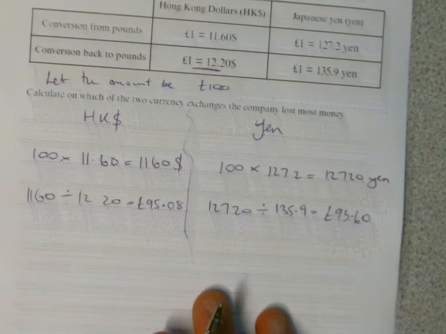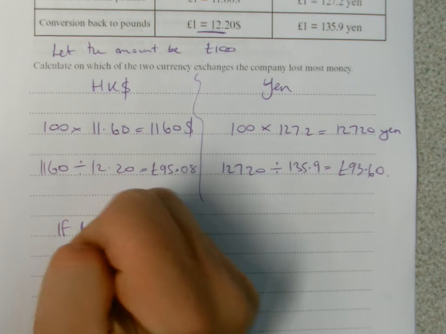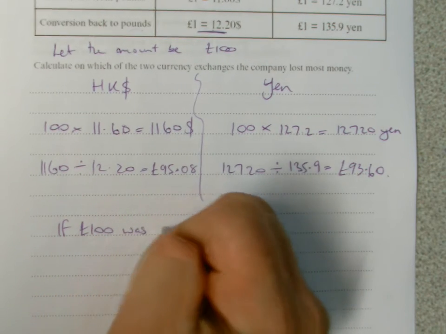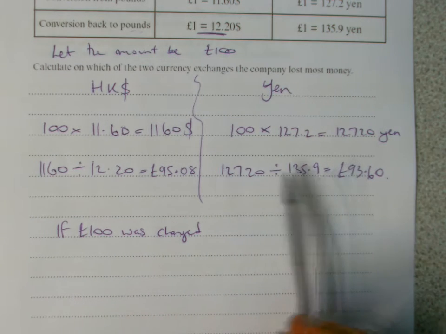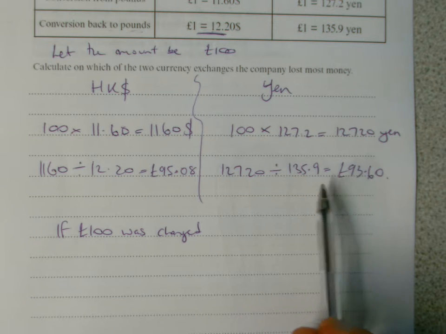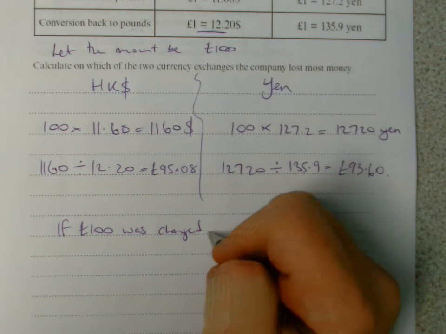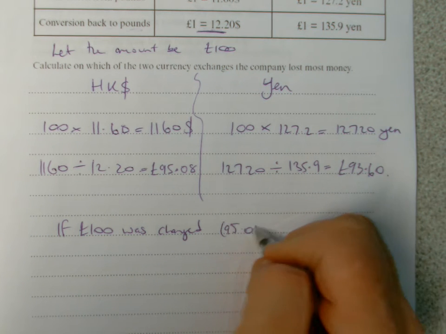Now let's have a look. Can we see here clearly where she's lost the most money? Okay. If £100 was changed, the company, sorry, would clearly then lose more money on the yen, won't it? Okay, let's see how much actually, let's see the difference.